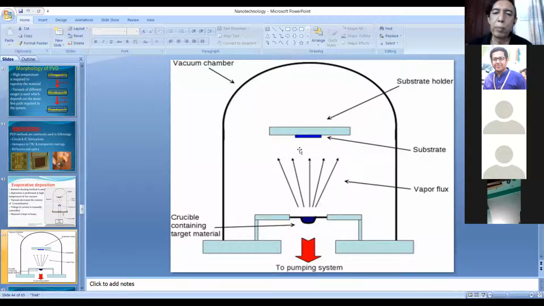Then vapor, aluminum or whatever it may be, comes to the substrate, and this is the substrate holder. There should be a vacuum here. Otherwise, you will not get the thin film of the desired substance, or it will take too much time to get this thin film.